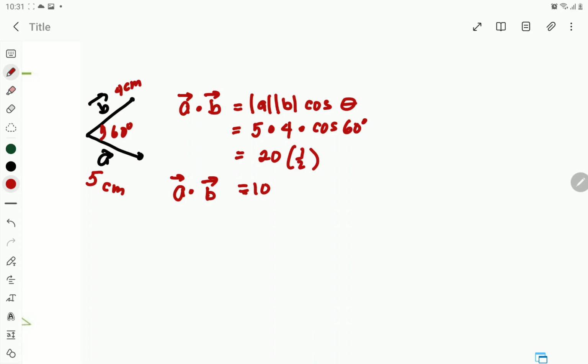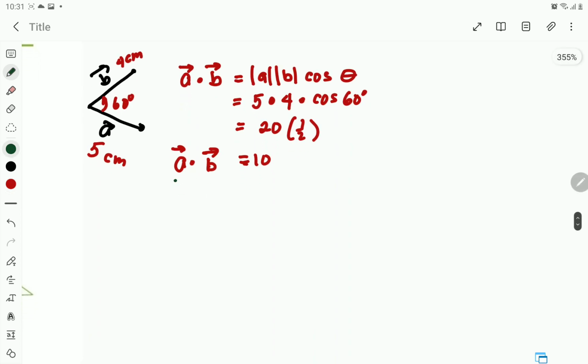What makes this one interesting is that these two are vectors. If you take the dot product of these two vectors, look at the answer. The answer is not a vector, but just a scalar.